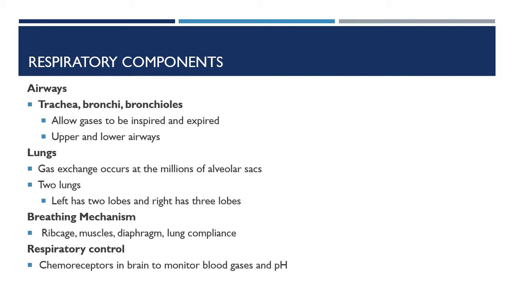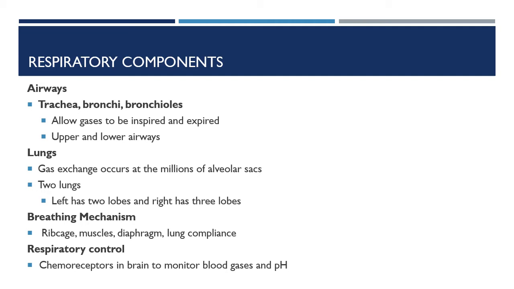So really the whole idea of the airway system is to allow oxygen to be inhaled and get to the alveoli, to then diffuse across the alveoli and get into the bloodstream, and as well during exhalation to allow CO2 to leave the bloodstream, get into the alveoli, and be exhaled back into the environment.